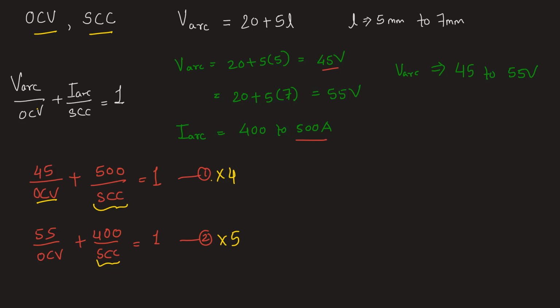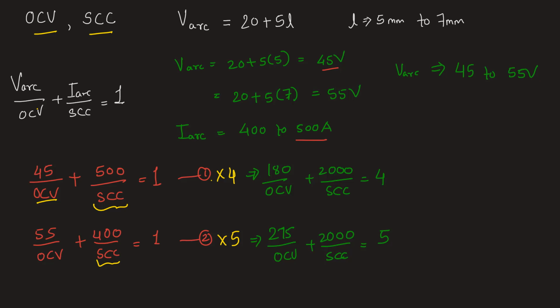So the first equation results into 180 by OCV plus 2000 by SCC equal to 4, and the second equation results into 275 by OCV plus 2000 by SCC equal to 5.